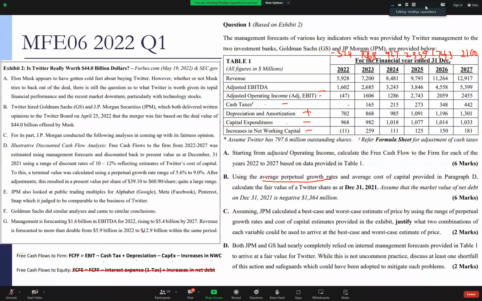They have done a scenario at 5.6% and they have done a scenario at 9%. What is the average? 7.3.